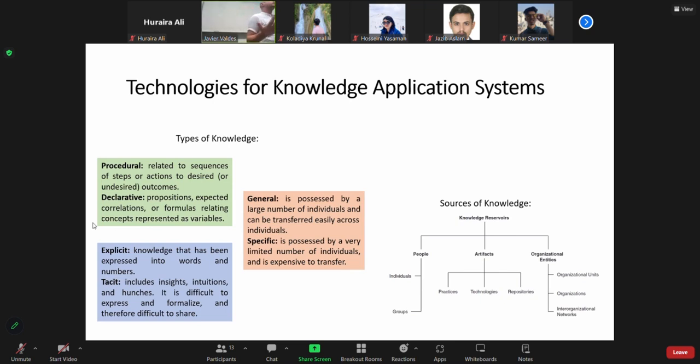What do you think I do the first time? Okay, the data is a source of knowledge. Yes, I can look into data, into the artifacts, practices, technologies, repositories of data, and so on. But probably that will not be my first step.